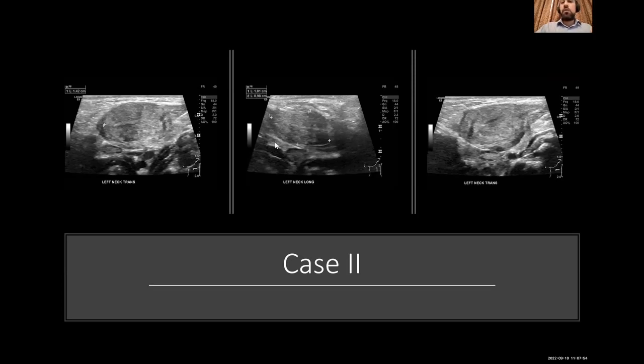Knowledge is power, and you can help people with your knowledge. This simple knowledge will save a lot of time. Don't underestimate this, because you will face this problem and find that it is missed or overcalled by many radiologists.